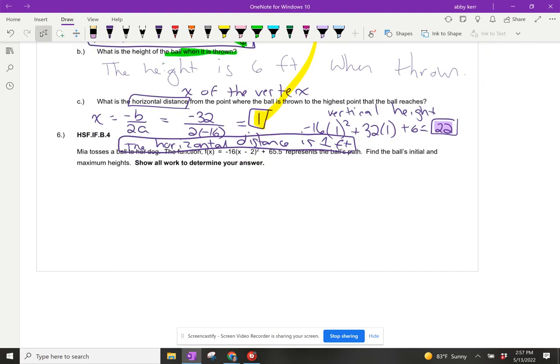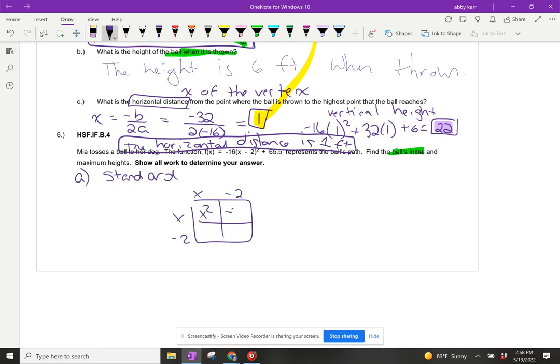All right, Mia tosses a ball to her dog. The function is negative 16 times the quantity x minus 2 squared plus 65 plus 0.5. So initial height is our y value. So honestly, it's the same thing as number 5. We have to find standard form first. So standard form, distribute after we do this box.